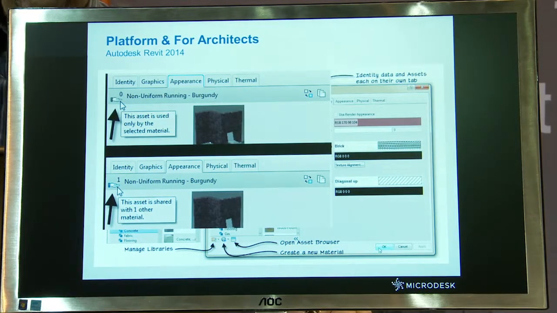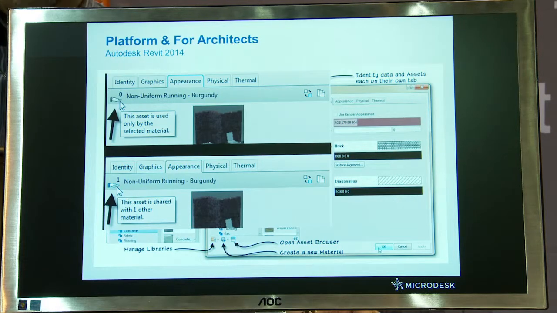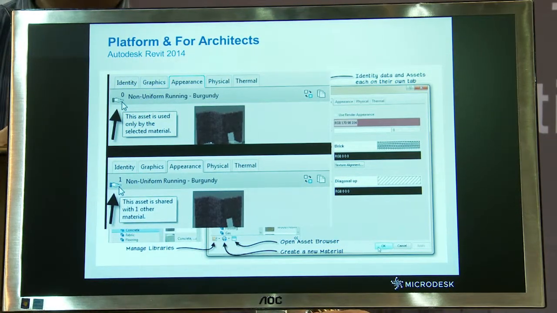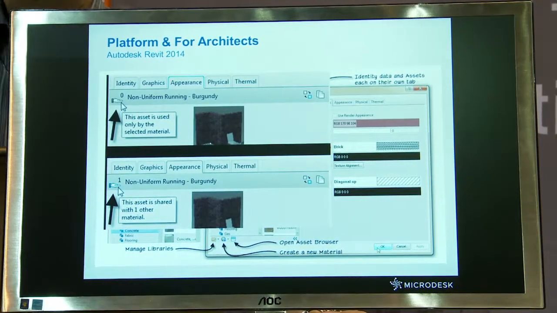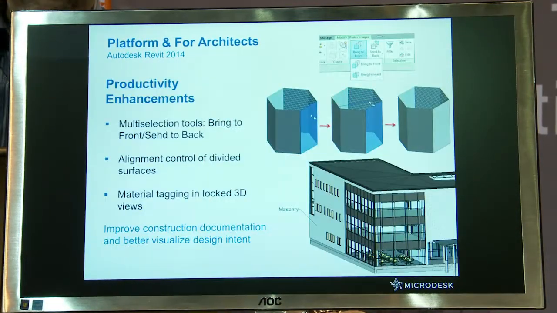So now you can actually identify what material is applied to what and see how many objects before you purge them out. So this is good for maintenance. It means you can now understand, okay, I'm going to get rid of this material. A lot of people make their own names, especially interior designers. They create their own carpet types or textures, and if you're cleaning and maintaining that model, you might at one point get rid of that and not know that you wiped out something else that was already applied to.